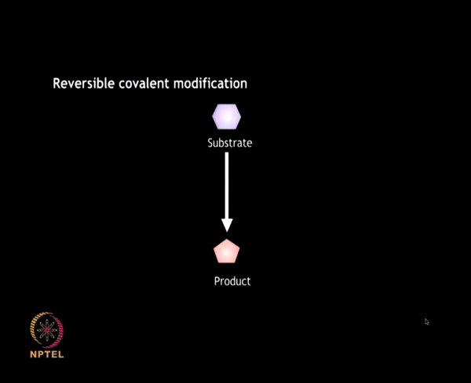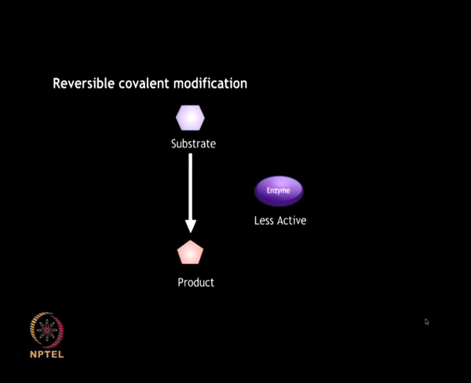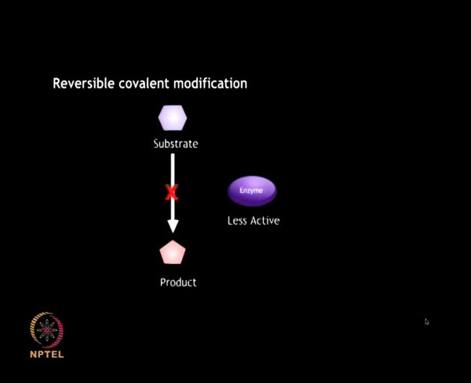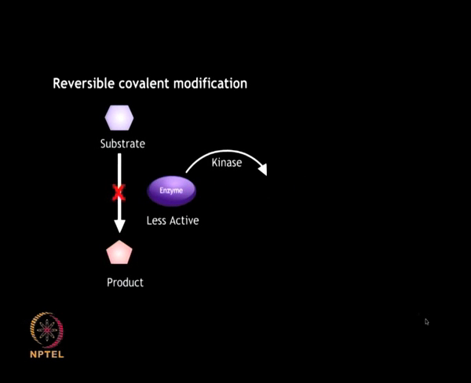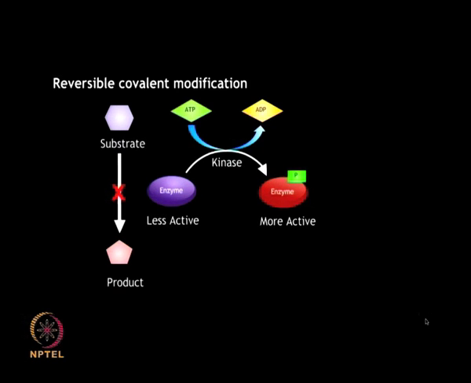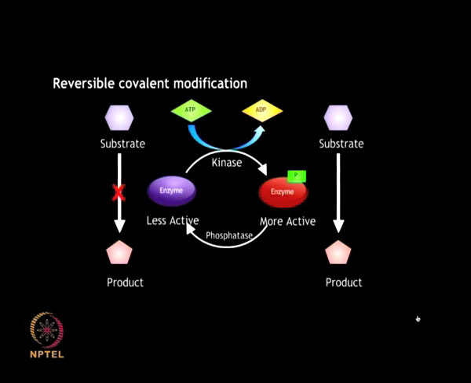Reversible covalent modification is another commonly employed enzyme regulatory strategy. The most widely observed modification is phosphorylation, which is carried out by various enzyme kinases with the help of ATP as a phosphoryl donor. Some enzymes are more active in their phosphorylated forms, while others are less active in this form.